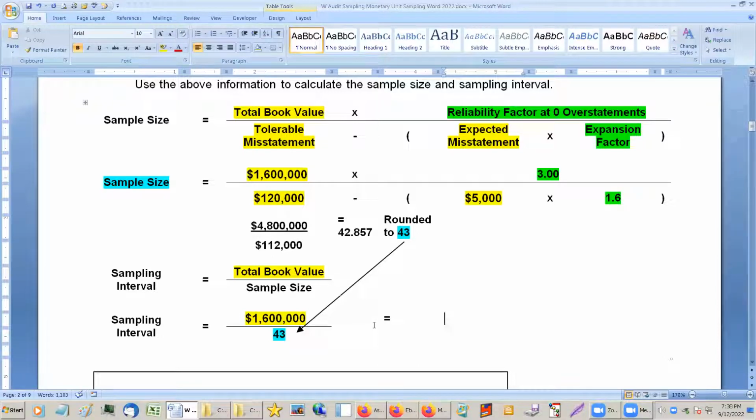It's not wrong if you keep all of it though. 1,600,000 divided by 43 is 37,209. So that'll be the interval.